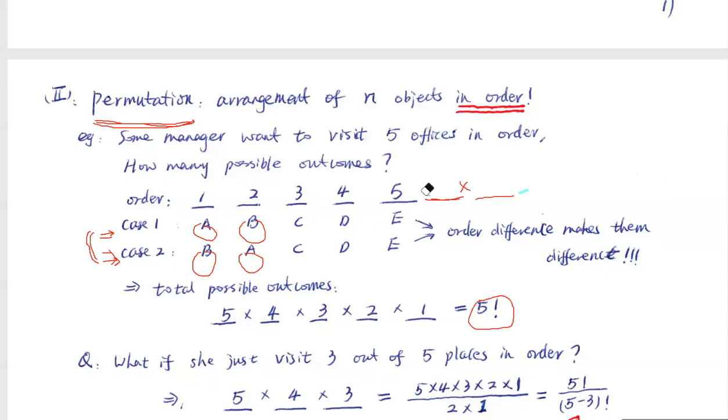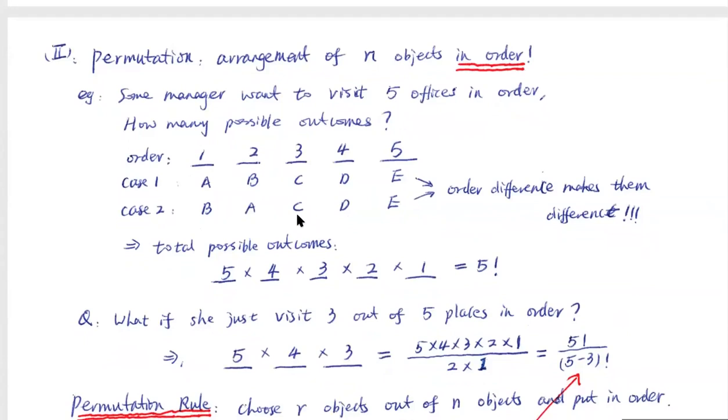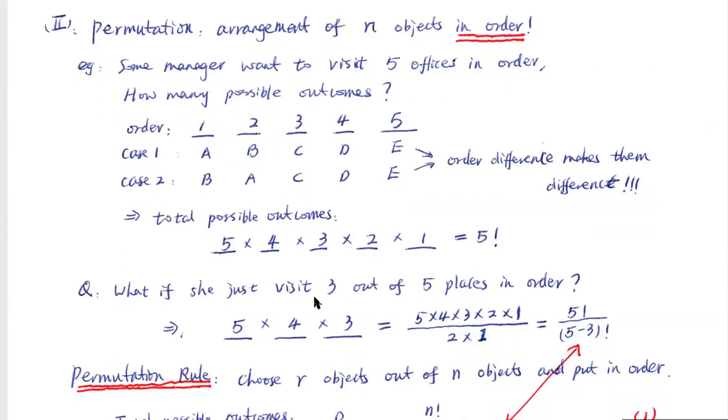Let's get one more example so you understand better what I'm talking about here. What if the manager just wants to visit 3 out of the 5 places, in order? So you have positions 1, 2, 3.